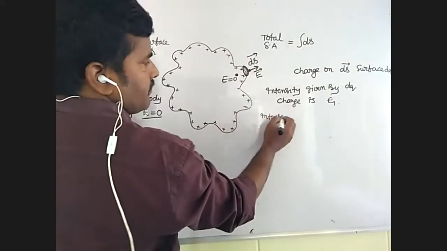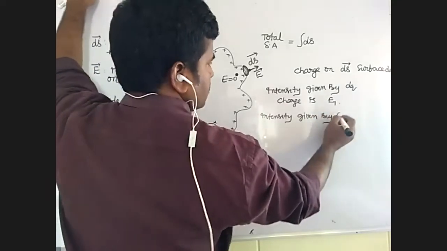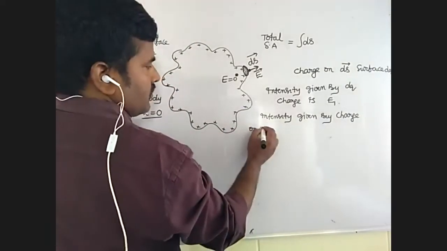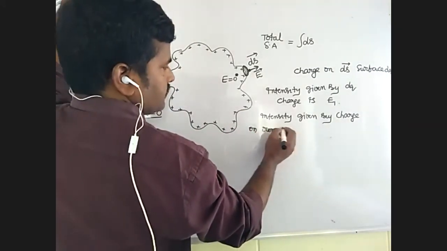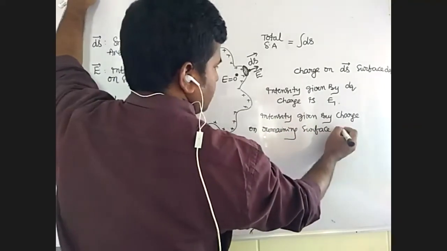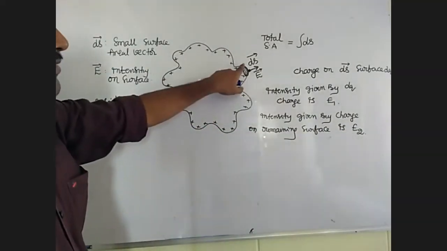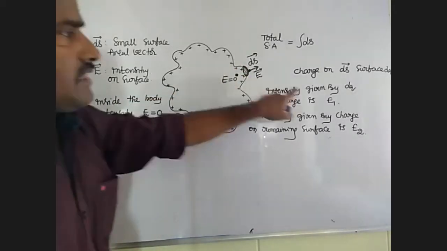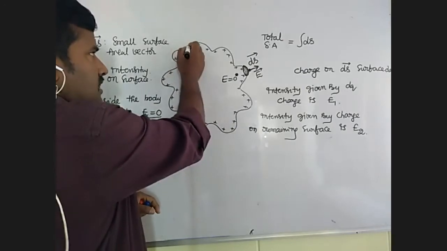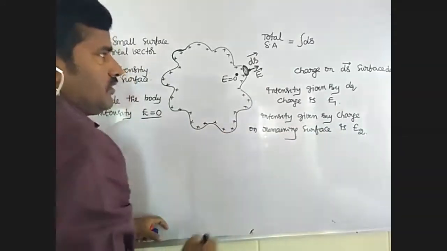The intensity given by the charge on the remaining surface, the remaining charge, is E2. Only the charge on the ds surface gives intensity E1, and the remaining charge gives intensity E2.